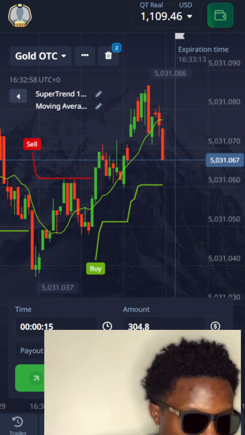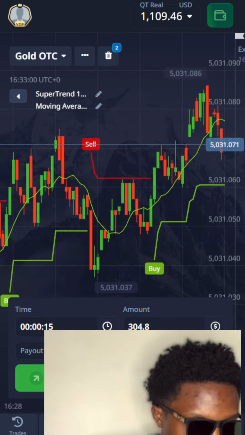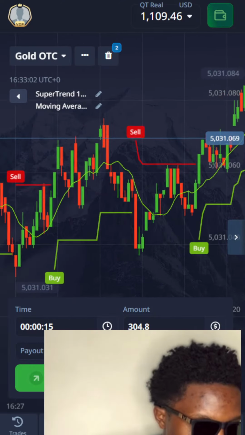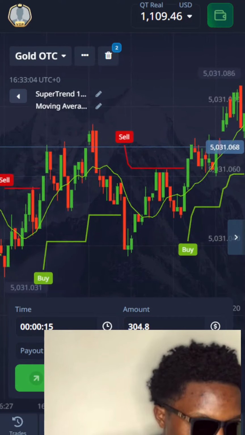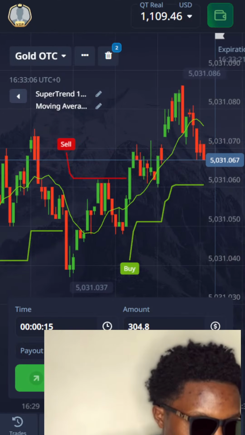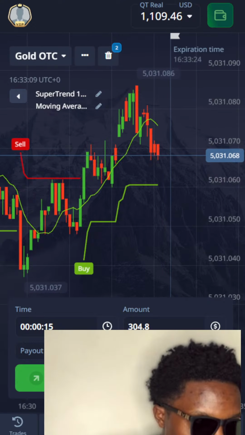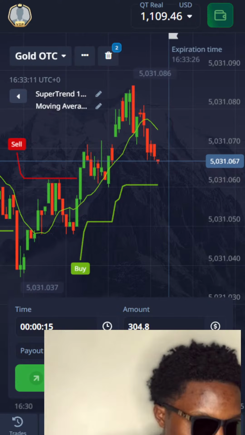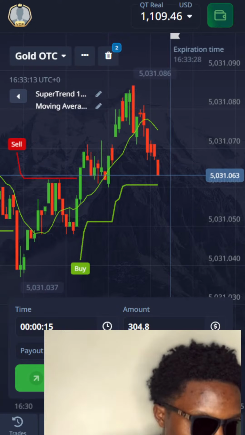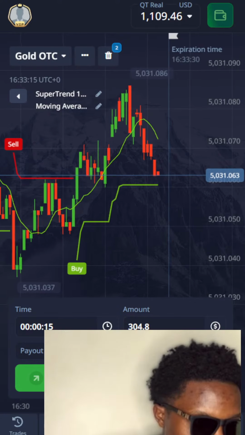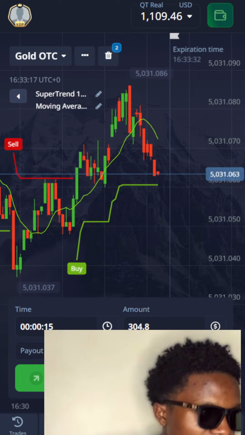Let's first see what's happening before we decide what to do. This is an uptrend, going up and down, going up and down. But this one here is a clean uptrend.